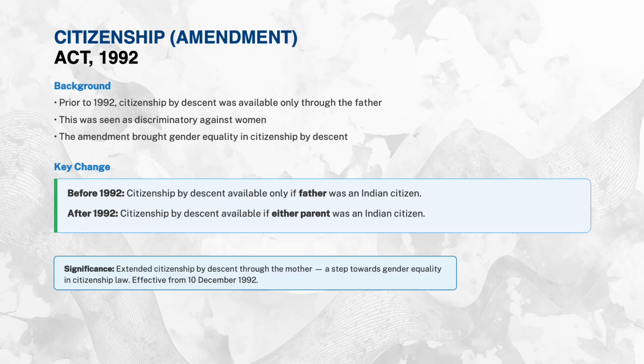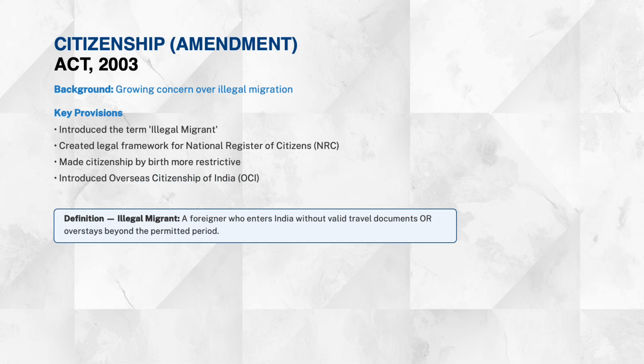But only after 1992, either of the parents. So before 92, only if the father was an Indian citizen. But after 92, either parent could be an Indian citizen. Okay, so that was a major step towards gender equality. If they ask you a question on gender equality, this is a very impressive point to mention. The 1992 amendment.